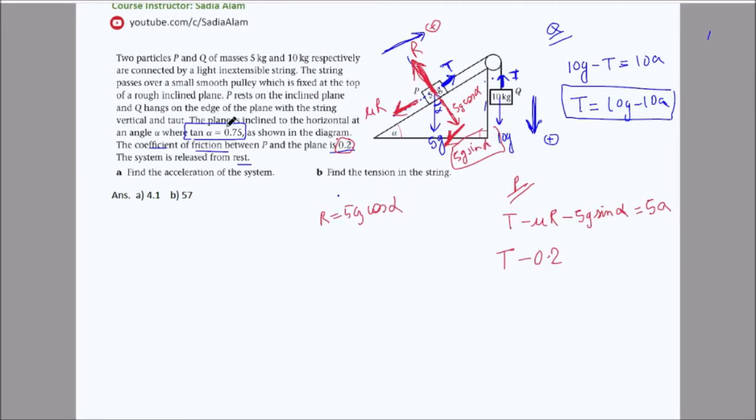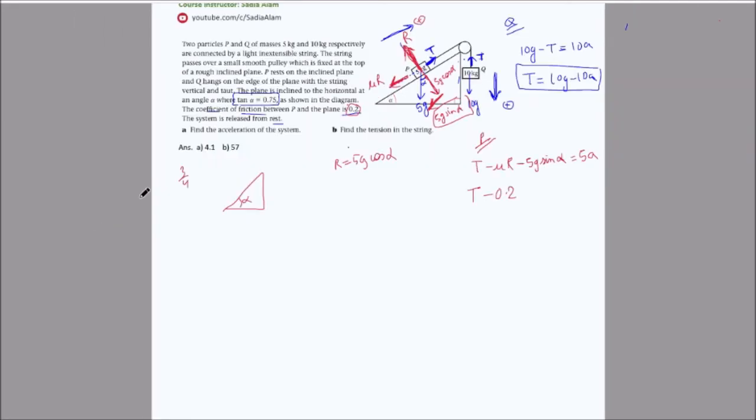We do not know the value of cos alpha. You need to solve this triangle. If that's alpha, 0.75 is basically 3/4. So it's given that tan alpha is 3/4. So it means 3 is the opposite side and 4 is the adjacent one. So hypotenuse is 5.